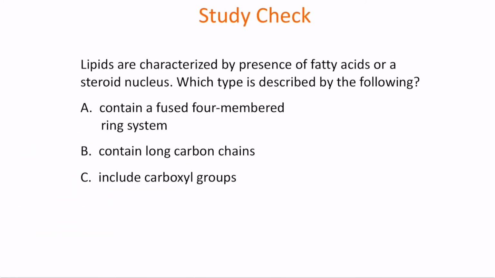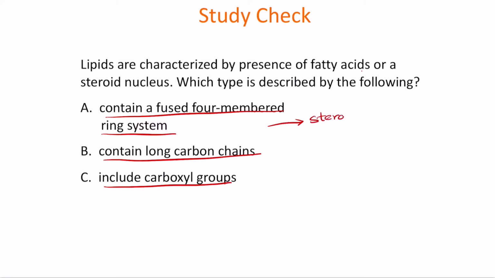So let's try to answer this question. Lipids are characterized by the presence of fatty acids or a steroid nucleus. Which type is described by the following? It contains a fused 4-membered ring system, contains long carbon chains and includes carboxylic groups. So this contains a fused ring system, so this is a steroid.